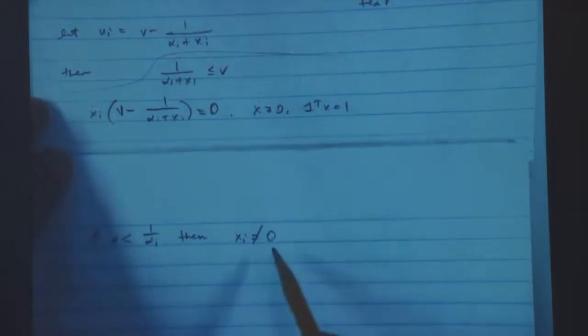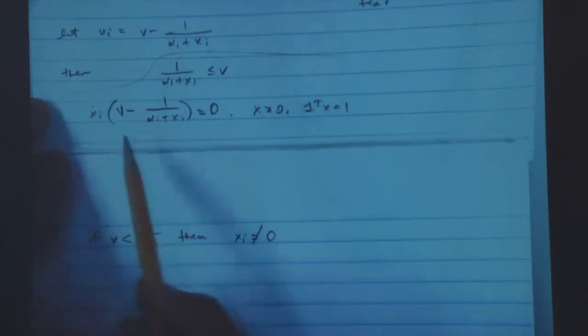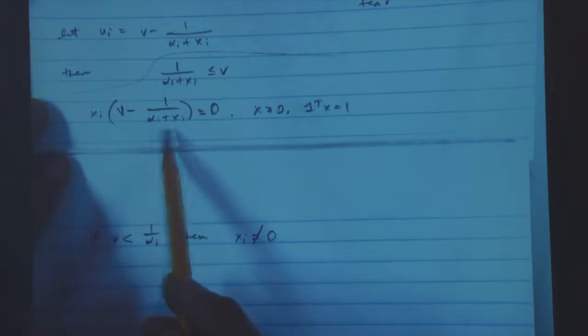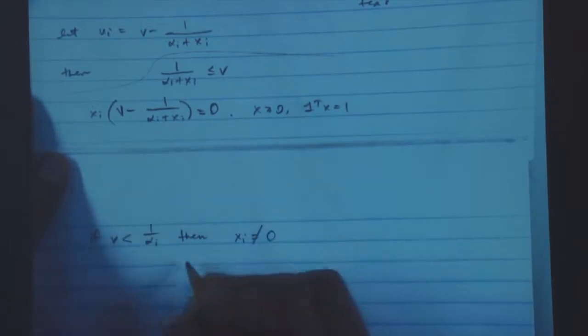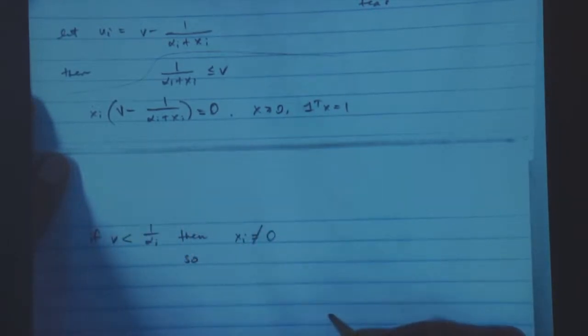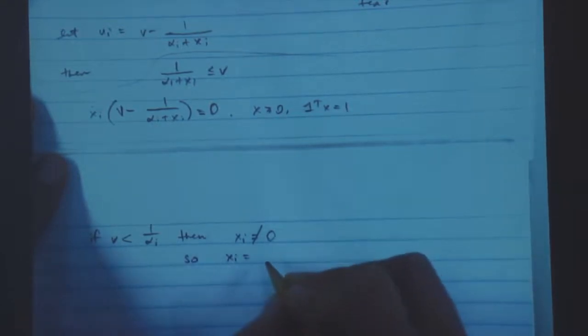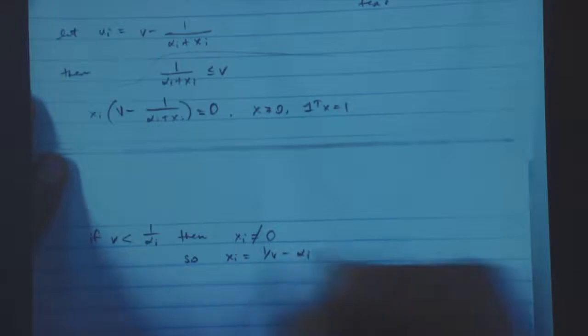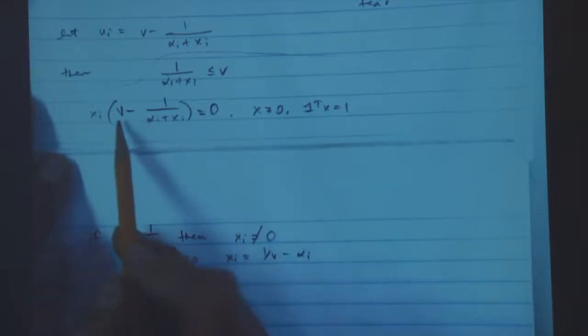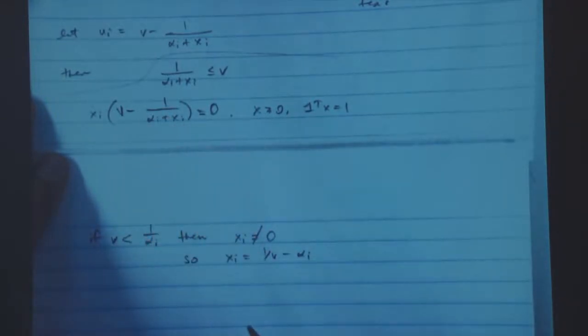And if x_i is not equal to 0, then by complementary slackness, this term has to be equal to 0, because their product has to be 0. So solving for x_i, we have to have x_i equal to 1 over v minus alpha_i. That just comes from solving v equals 1 over alpha_i plus x_i.